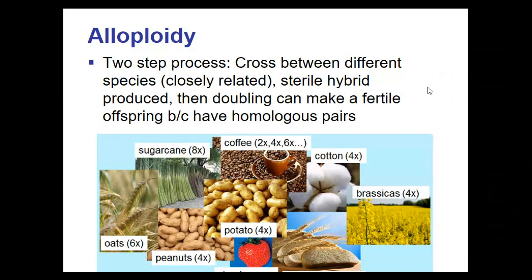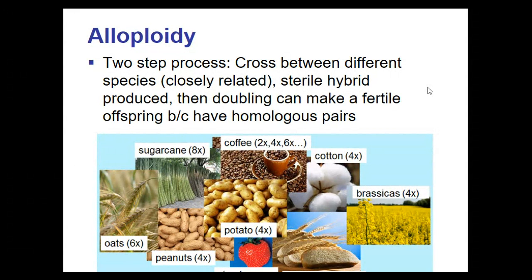So when this happens, a reason that these hybrids usually cannot reproduce is this: say you have one animal that has 2 sets of 2 chromosomes, and this other animal has 2 sets of 3 chromosomes.